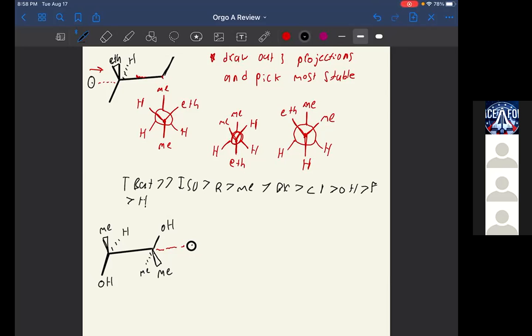I know that's probably confusing, but what that means is for this one, you have methyl interacting with ethyl. You ignore hydrogens because hydrogens carry very little influence on stability. For this one, you have methyl interacting with ethyl. For this one, methyl interacting with methyl. For this one, ethyl interacting with methyl. And you have methyl interacting with methyl. So out of those three, which one would be the most stable?